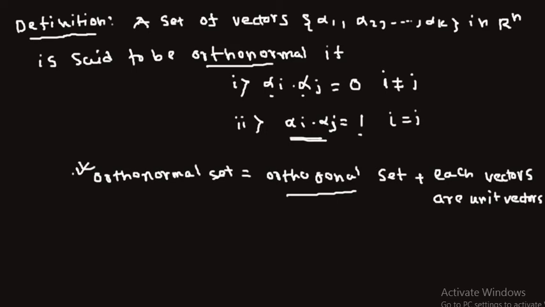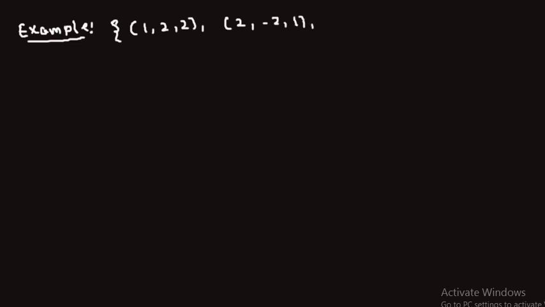So let me quickly give you an example of an orthonormal set. Here we have an example. In our last example, we had the set of vectors (1, 2, 2), (2, -2, 1) and (2, 1, -2) in R3.